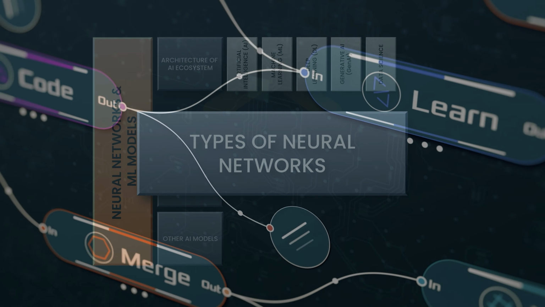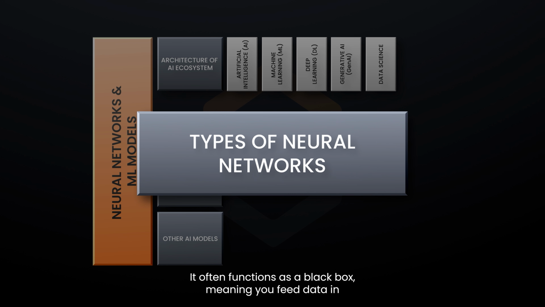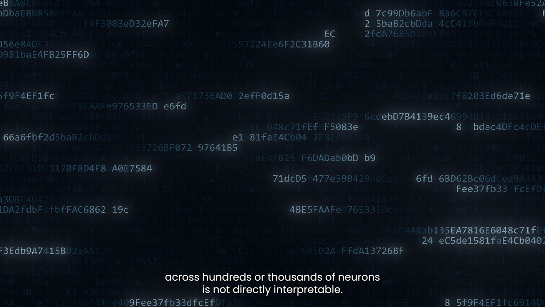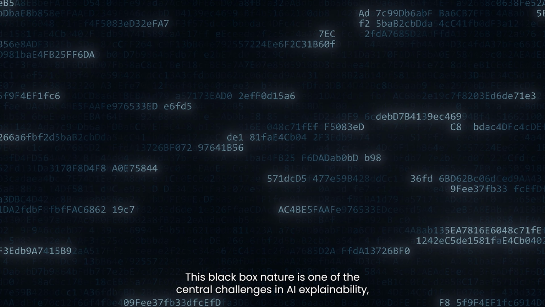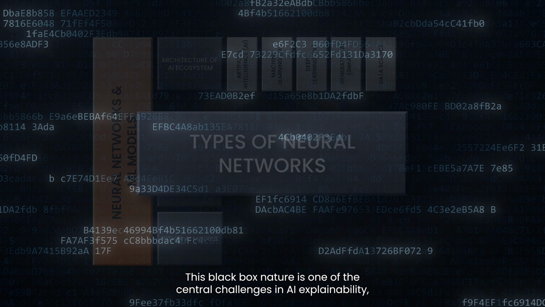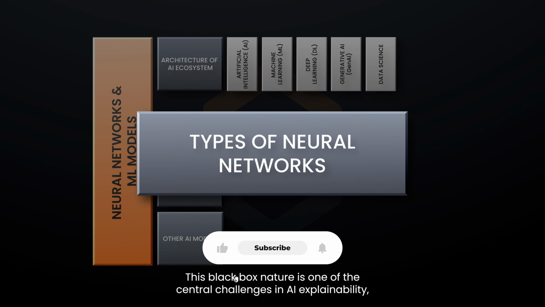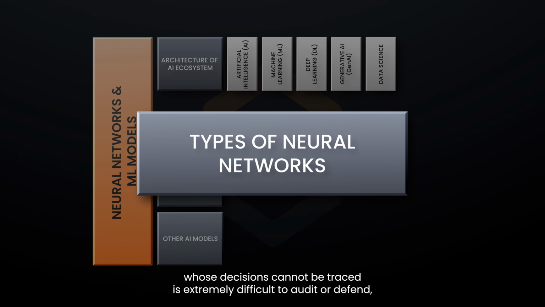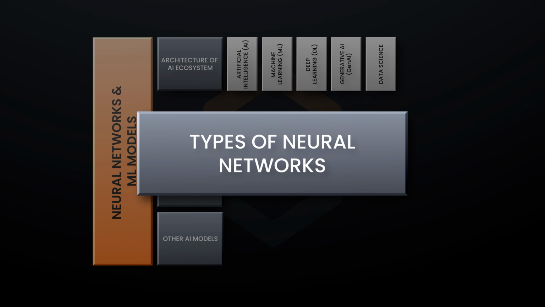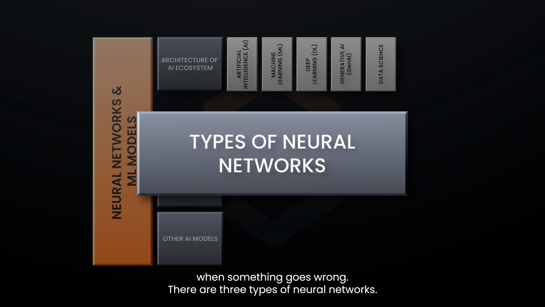From the outside, it often functions as a black box, meaning you feed data in and receive a prediction or output, but the internal decision-making process across hundreds or thousands of neurons is not directly interpretable. This black box nature is one of the central challenges in AI explainability and a direct concern for AI security and risk professionals, because a system whose decisions cannot be traced is extremely difficult to audit or defend when something goes wrong. There are 3 types of neural networks.